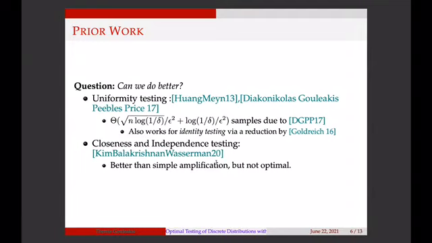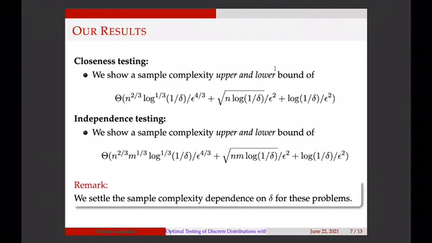There is a recent work by Kimball, Chris, and Wasserman that does break the barrier of naive amplification, but the upper bound that they get is still not optimal in the sample complexity. We now come to the main contribution of this work, which is to prove both upper and lower bounds.